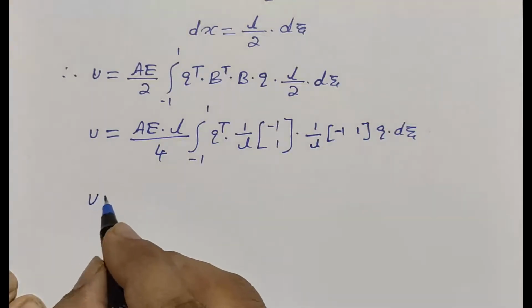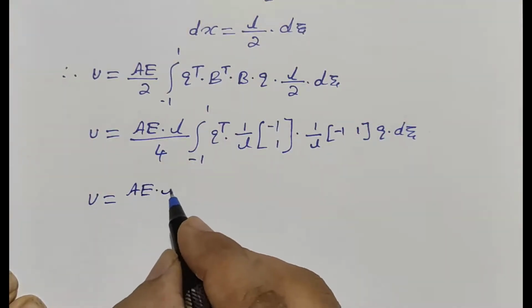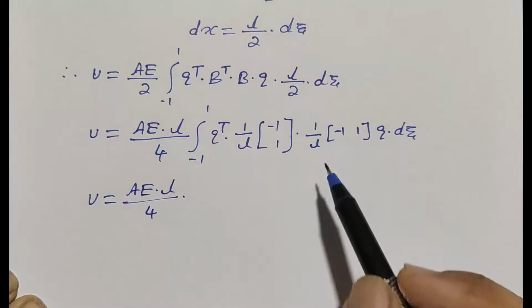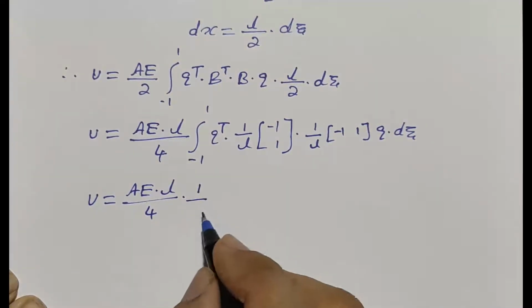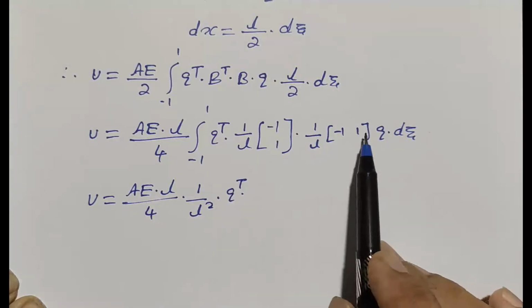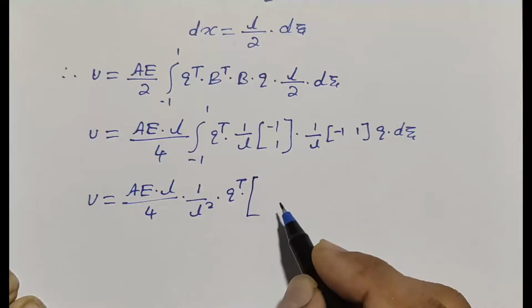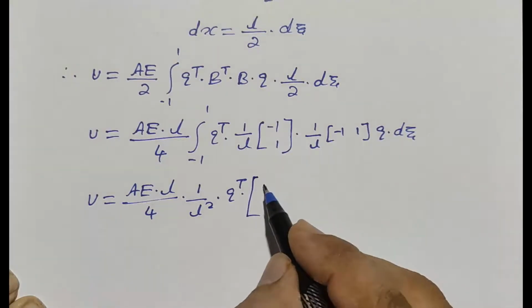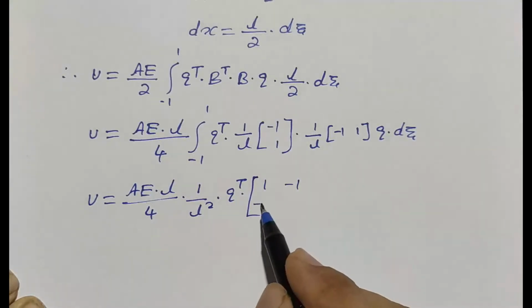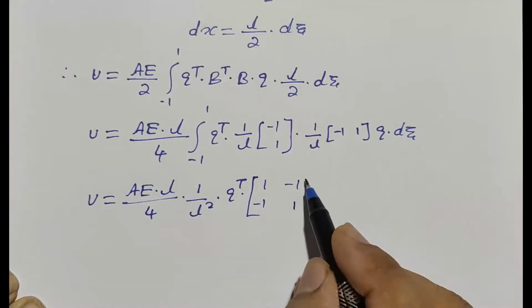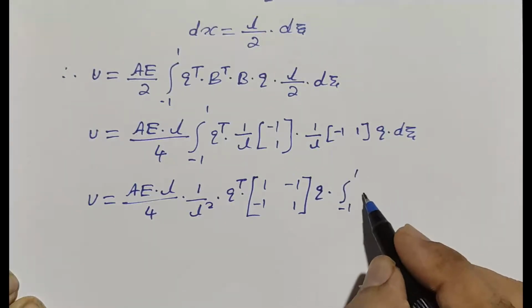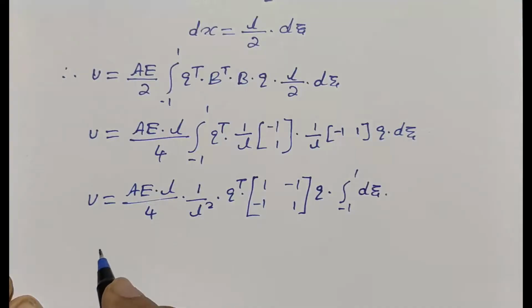Simplify this. U is equal to AE into L divided by 4. 1 by L into 1 by L becomes 1 by L square. Q transpose I will take outside the integral. Now if you multiply these two matrices, it will become [1 minus 1; minus 1 1] into Q, integration minus 1 to 1 d zeta.